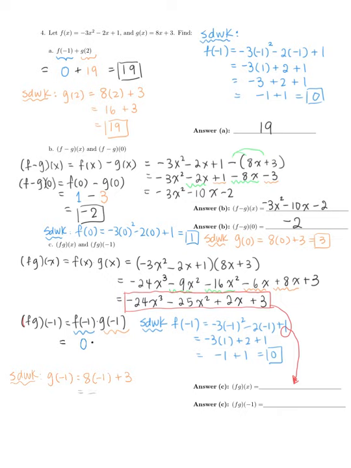So that's negative 8 plus 3. So what is that? Negative 5. So you're going to have 0 times negative 5. Well, 0 times anything is 0, so I guess I really didn't need to compute g of negative 1. But I did it anyways. So our answer is going to be 0. I'm going to write my answer as f times g of negative 1 is 0.